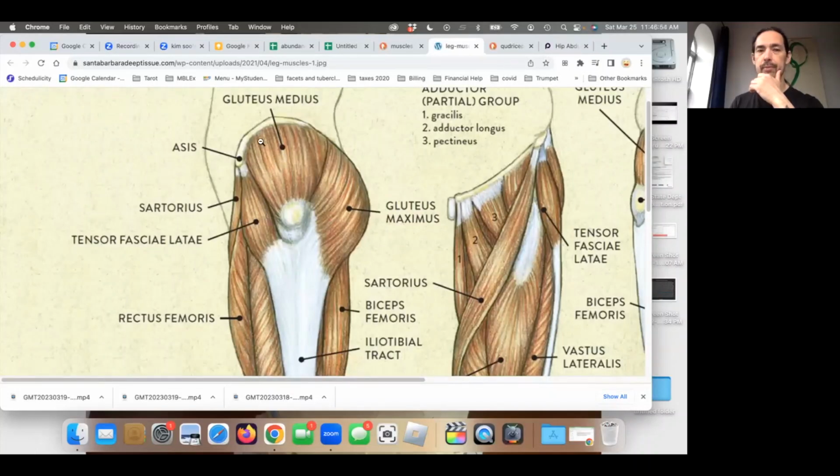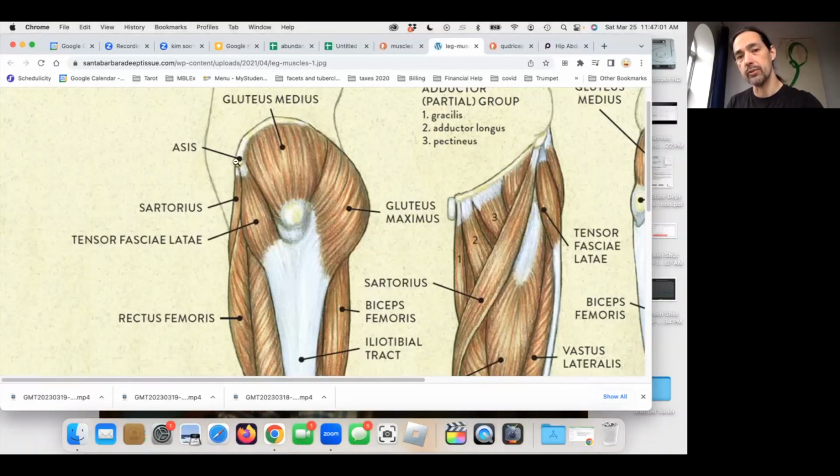Their attachment is on the ilium. The ilium's not going to move, right? It's the femur that's going to move. They insert onto the femur, onto part of the IT band and part of the greater trochanter.